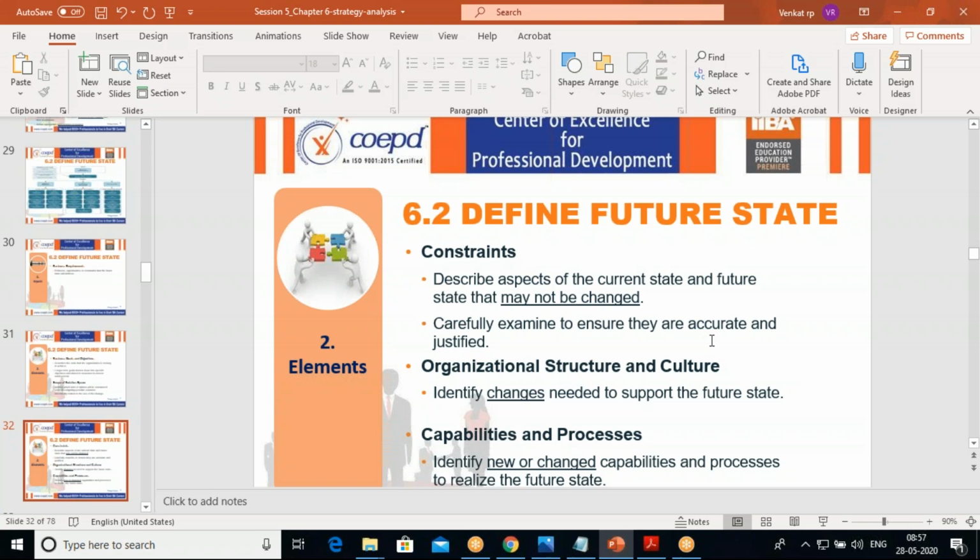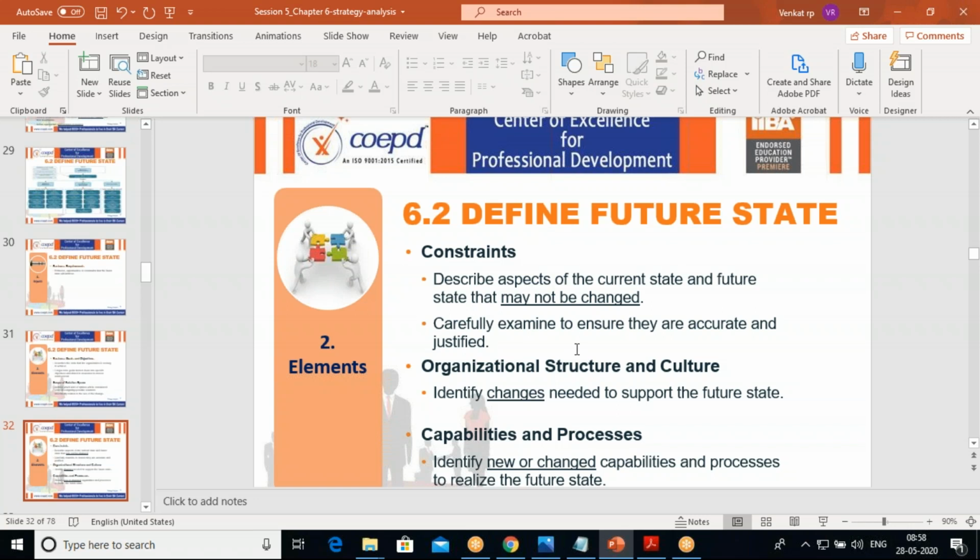Okay, and then we are going to understand the constraints. That means it describes the aspects of the current state and the future state that may not be changed. That means a few things will not change. In such cases, we have to understand how to handle this particular change and carefully examine to ensure that they are accurate and justified. So constraints, like what will not change, we have to understand it, and based on it we have to drive it.